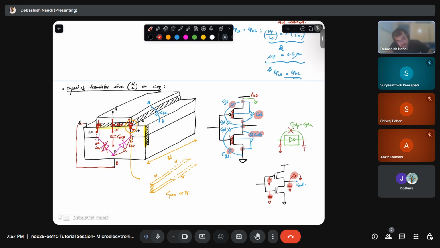Do you know this thing? If there is a load or an impedance connected between the input and output, I can distribute that impedance between the input node and the output node. Do you know this stuff?